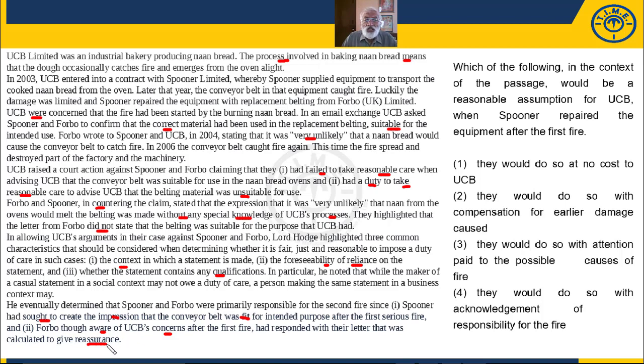Now, let's just understand this. The claim from UCB is that these fellows were negligent, they didn't take reasonable care. They should have taken reasonable care to establish that the belt was suitable for use when they told us that, and they should have taken reasonable care to tell us if the belting material was not suitable for use.